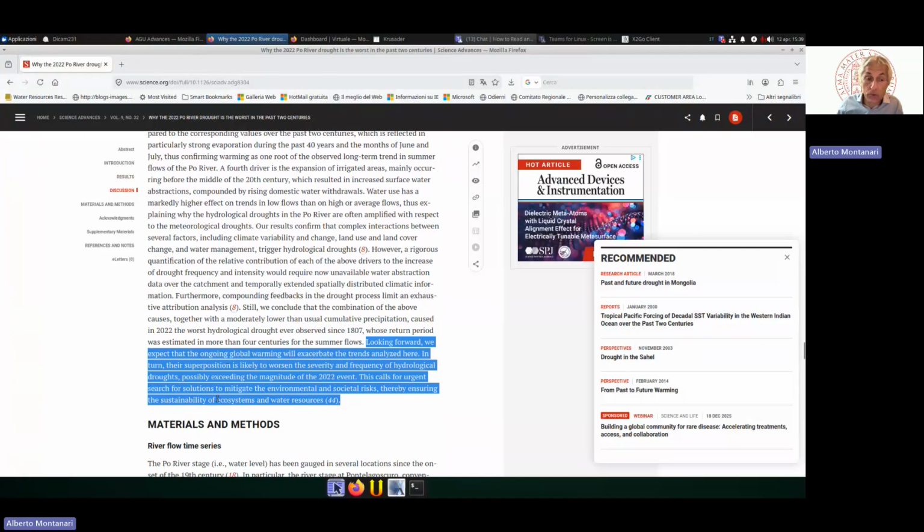And this calls for urgent search for solutions to mitigate the environmental and societal risks, thereby ensuring the sustainability of ecosystem and water resources. This is our main conclusion. And here, according to the format required by the journal, the paper is finished.